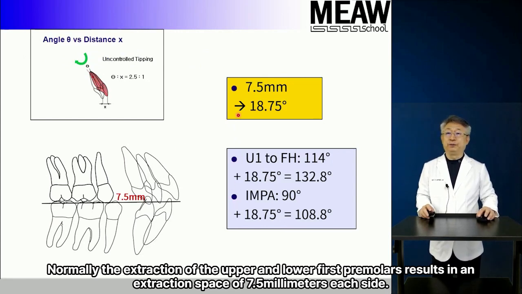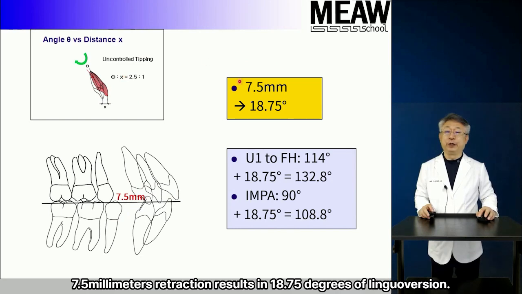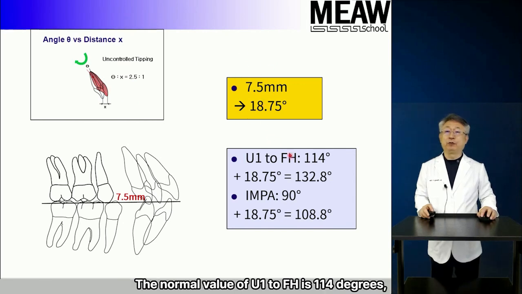Normally, the extraction of the upper and lower first premolars results in an extraction space of 7.5 mm each side. Since 1 mm retraction of the upper incisors results in 2.5 degrees of tipping, 7.5 mm retraction results in 18.75 degrees of linguversion. The normal value of U1 to FH is 114 degrees.